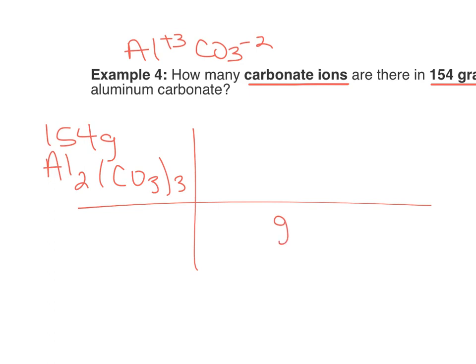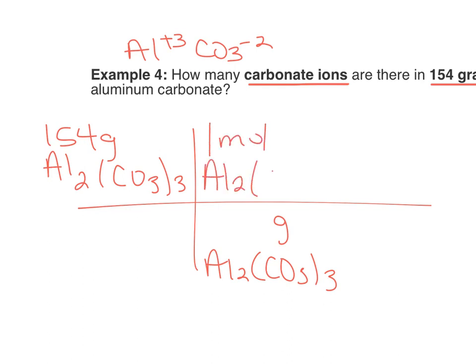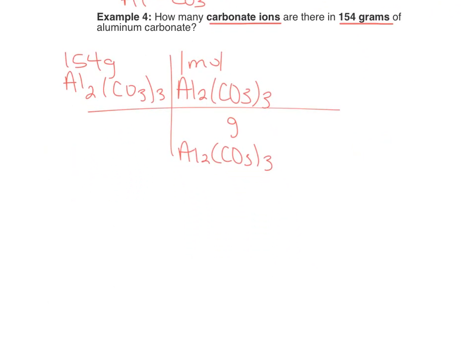And I know I need to cancel out my grams. Get it to moles, right? The first thing we got to do is whatever we're given, get it to moles. So that means we're going to have to add up the molar mass of Al2(CO3)3.